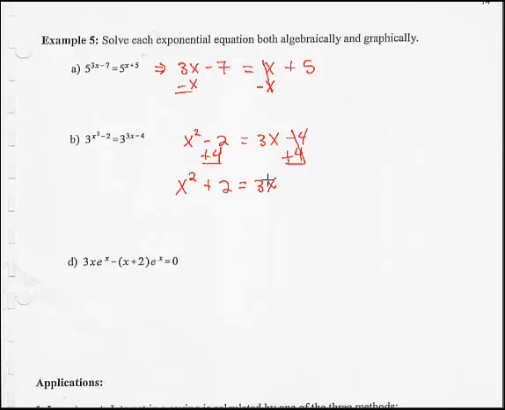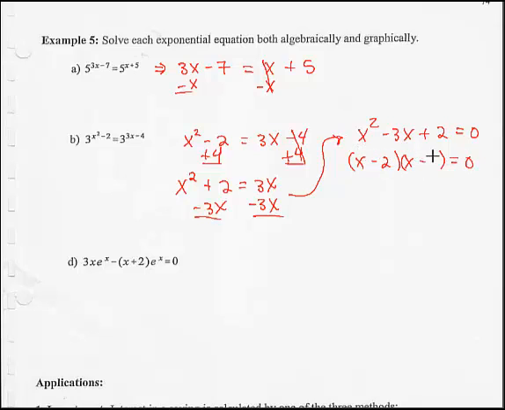And now if I move the 3x to the left, I end up with our standard quadratic or general quadratic equation. Luckily I can factor it. Minus 2, minus 1. And so we get x equal 2 and x equal 1.